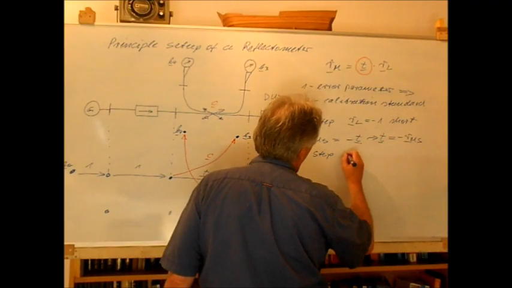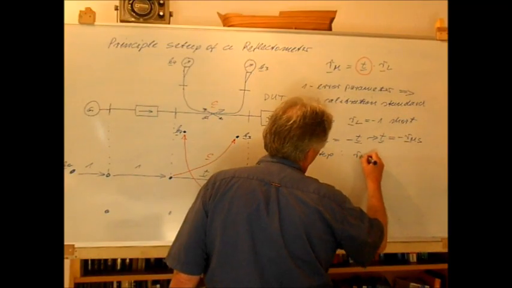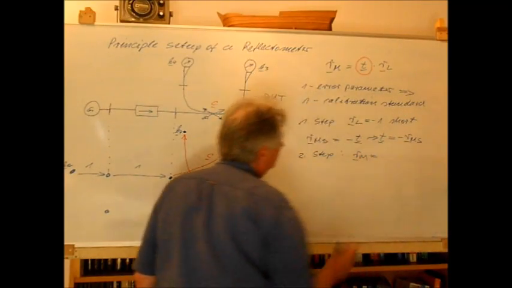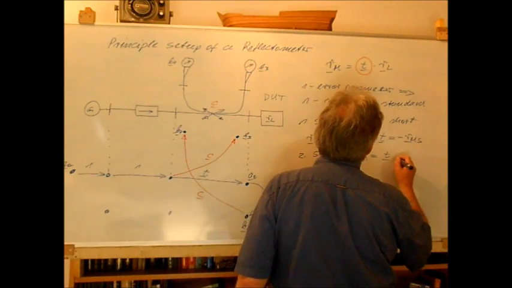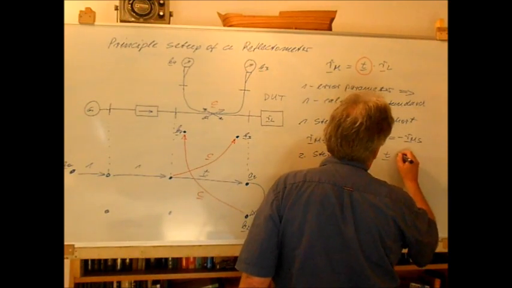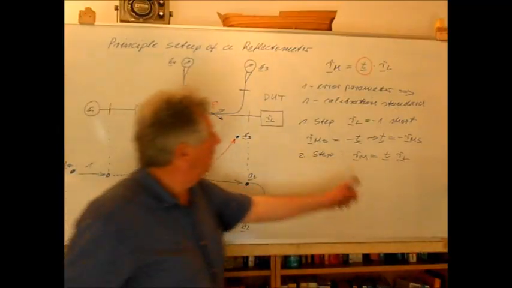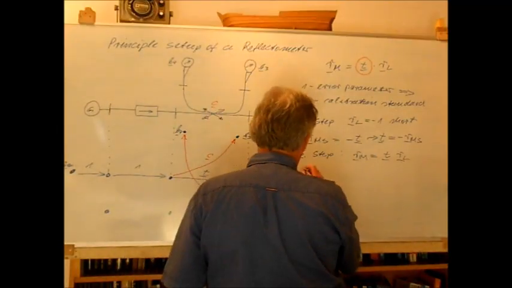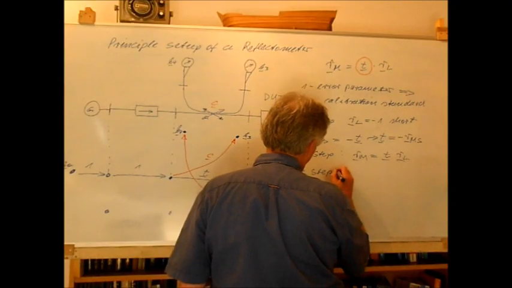And in the second step we do the measurement, and if we measure, then we find that Rm is again T times RL, and in the third step we do the correction.